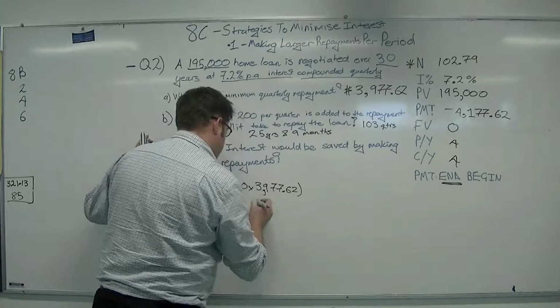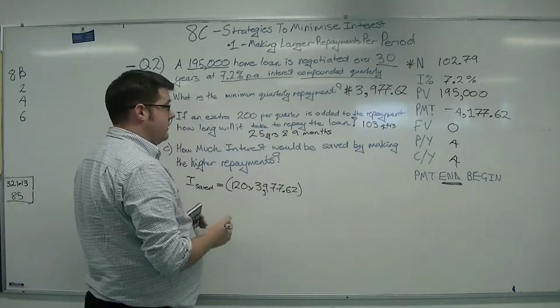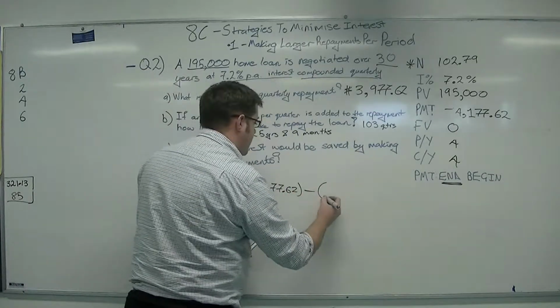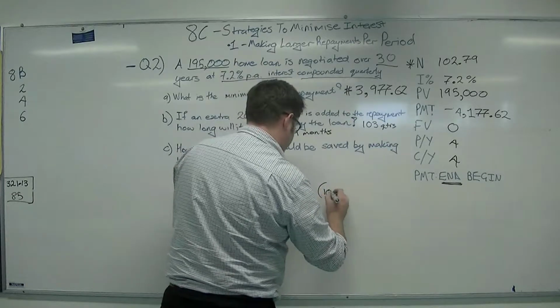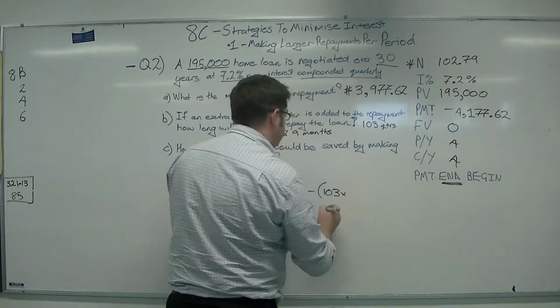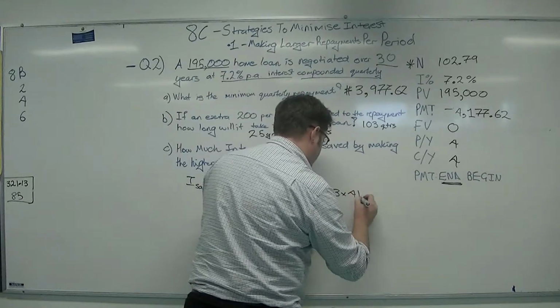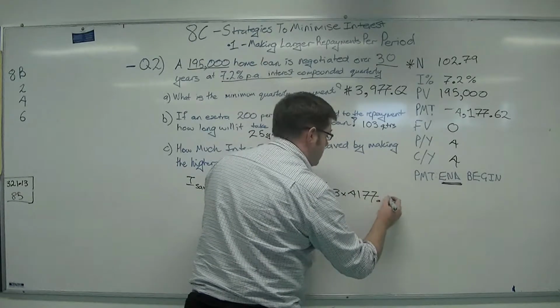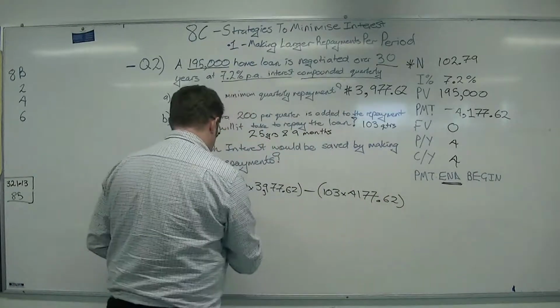So that's the total amount that we'd be paying in the first instance, minus 103 times 4177.62, close bracket.